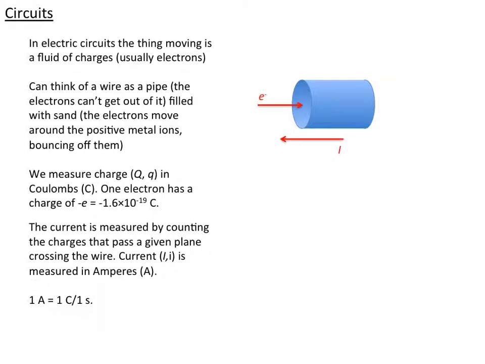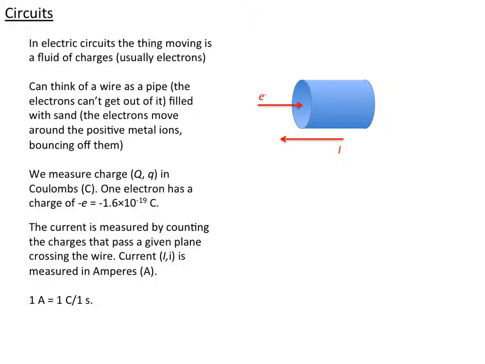Now, the circuits we're going to be interested in are electrical circuits. While I'll often use the hydraulic example to help with intuition, we really should mostly be thinking of electrical circuits. In this case, the fluid is a fluid of charges, usually electrons, not always, but in most cases it's electrons, because in a metal like copper, some of the electrons are free to wander around as long as they stay in the copper.